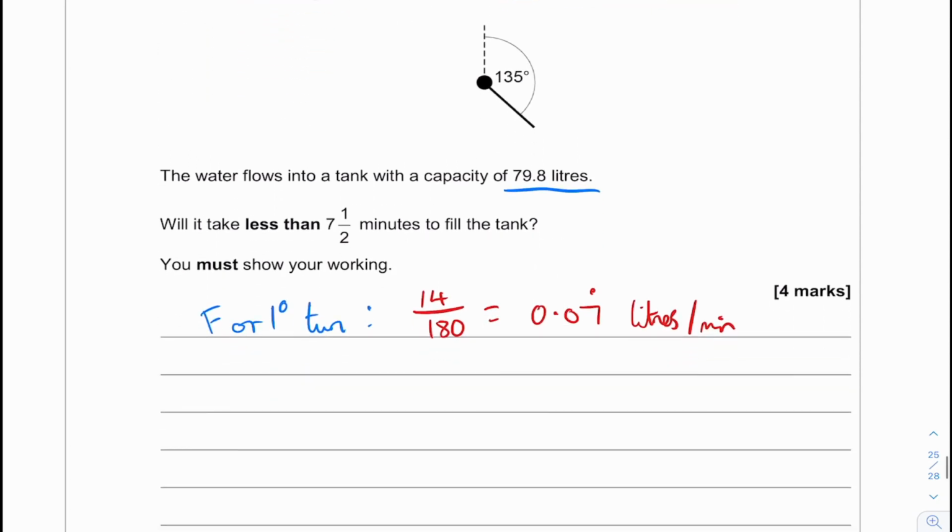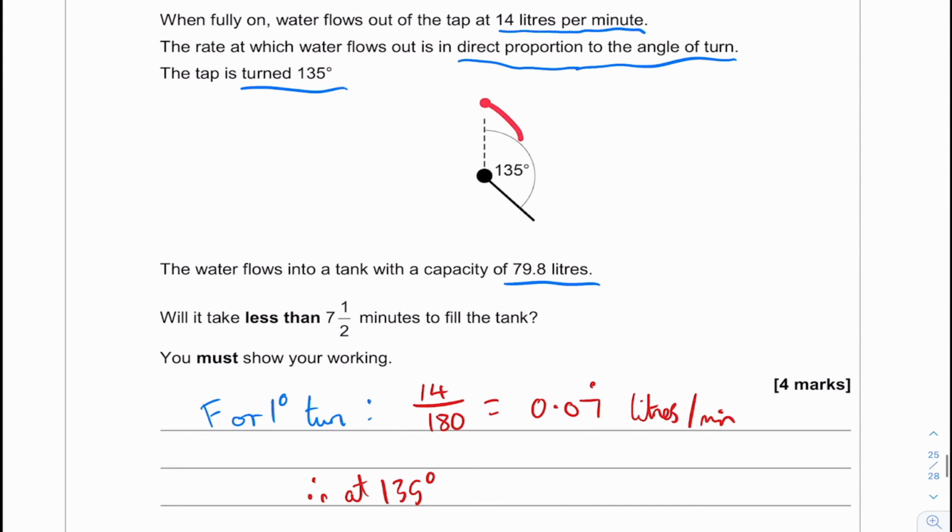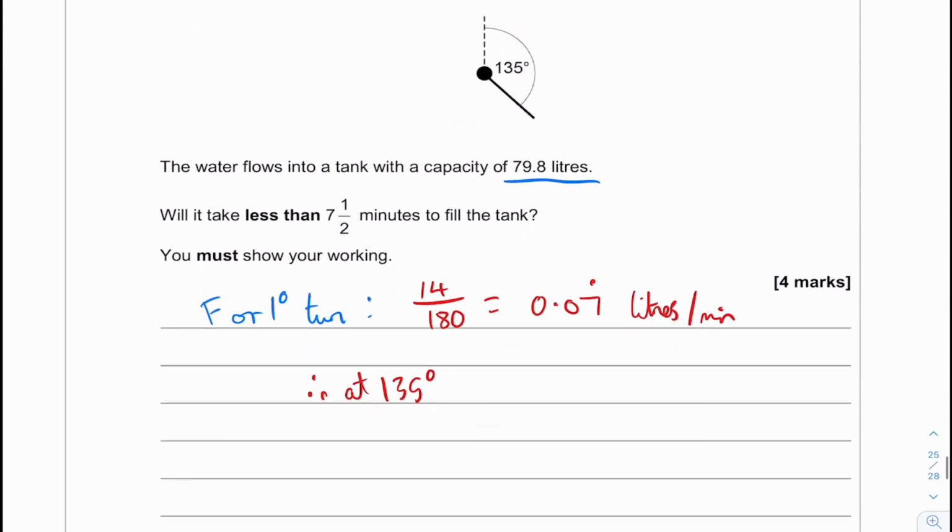So therefore at 135 degrees, and the tap is on 135 degrees here, the rate of water is 0.07 recurring multiplied by 135, which is equal to 10.5. So we then get 10.5 litres per minute.